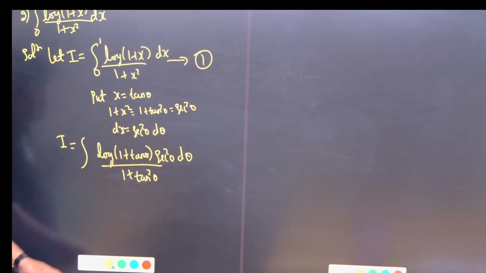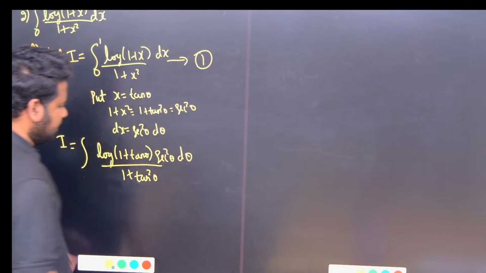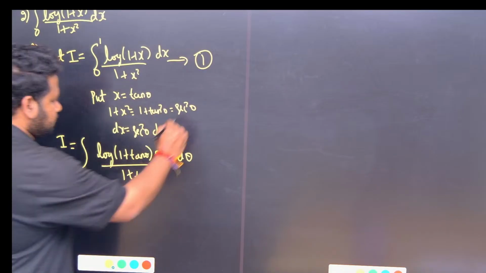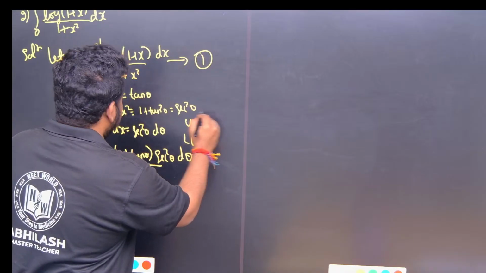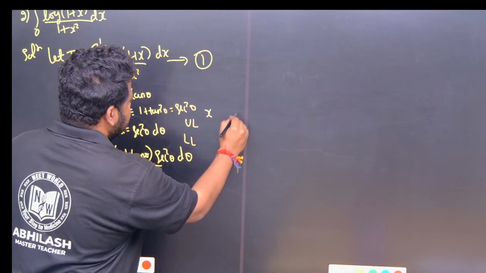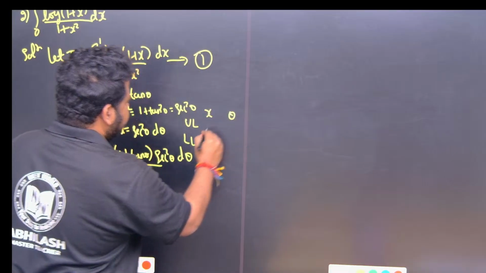Now let us talk about the limits, upper limit and lower limit. When x is equal to 1, what will theta become?